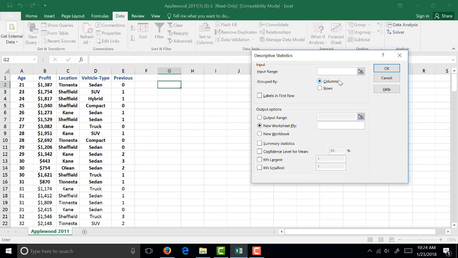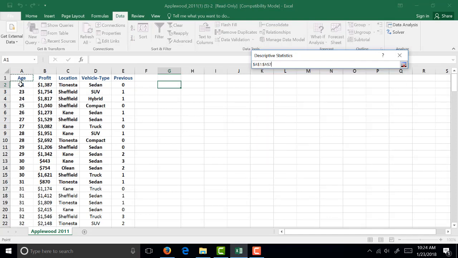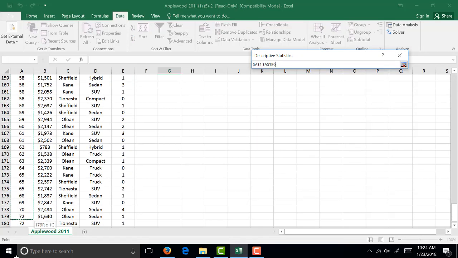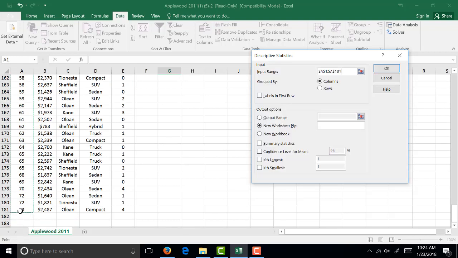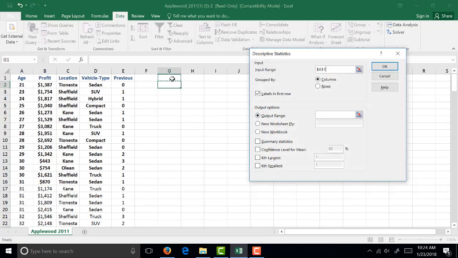So descriptive statistics, my input range, I'm going to do age first. And I have my age, and I'm going to go to my labels in first row. My output range, I'm going to put here in G1. Oh, see, that's a mistake I made. So notice what I did, and I told you guys, after output range, you need to click in it before you do, because I didn't, and I selected G1, and it changed my input range.